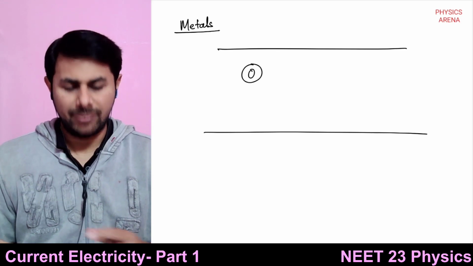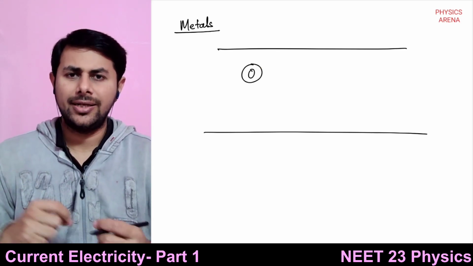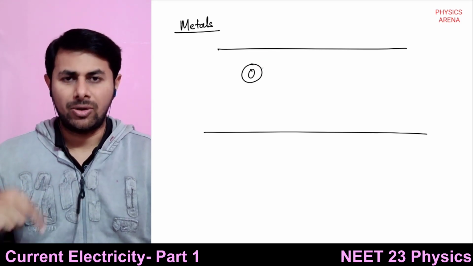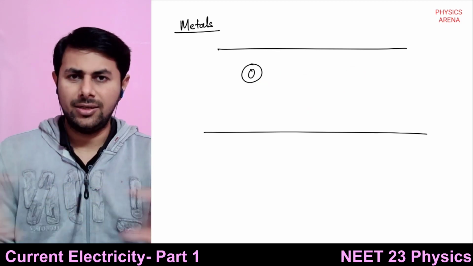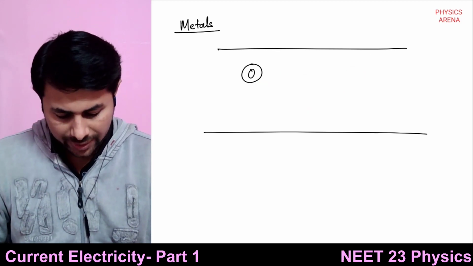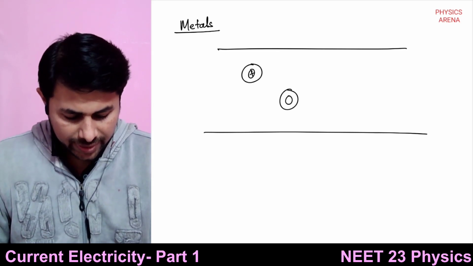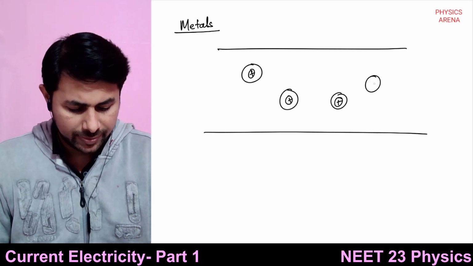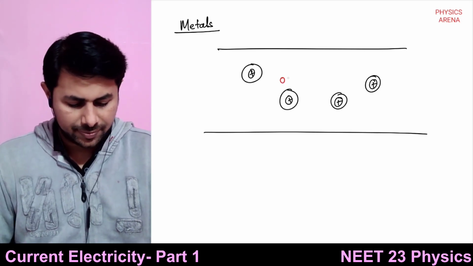At room temperature, some of the electrons gain enough energy to come out of the outermost shell, outermost orbit, and they move freely inside the metal wire. So at room temperature, the metal consists of mostly positively charged ions and negatively charged free electrons.